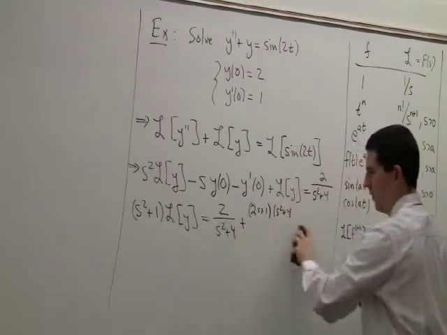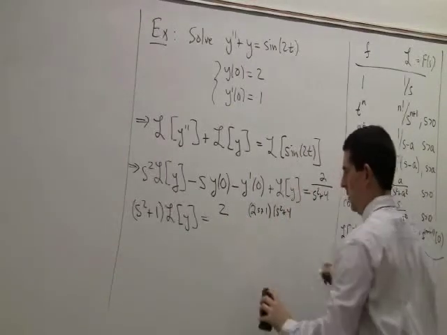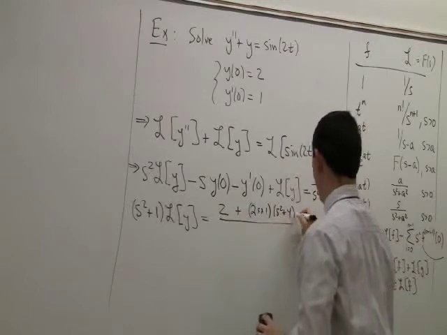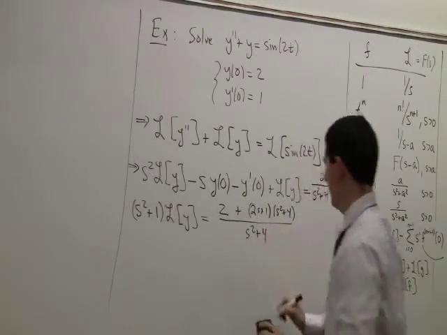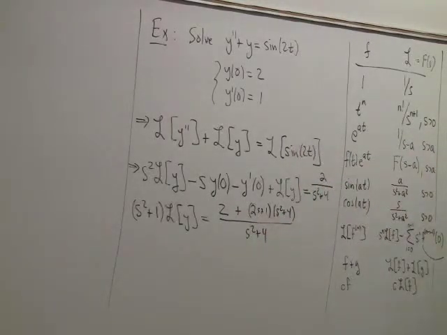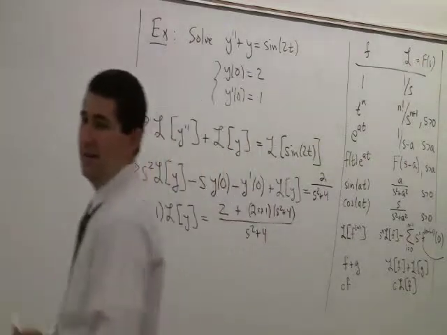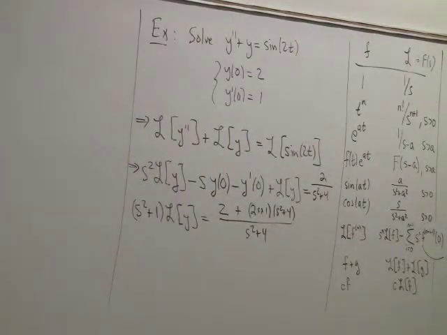And then actually I can put the whole thing over s squared plus 4. Okay, just algebra now. Isn't that nice? See? All that time you spent in algebra working on manipulating fractions and so forth, it's all useful.